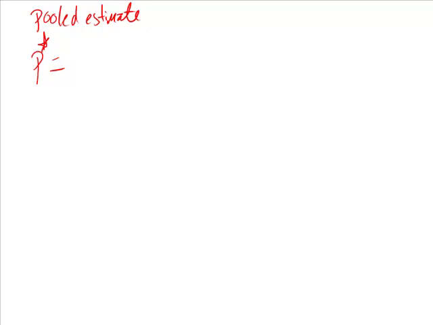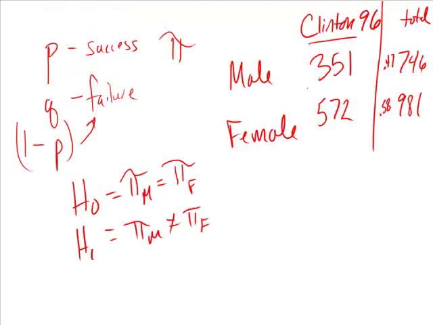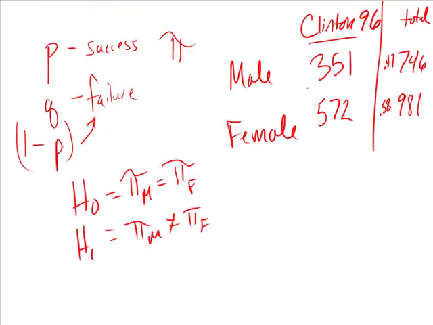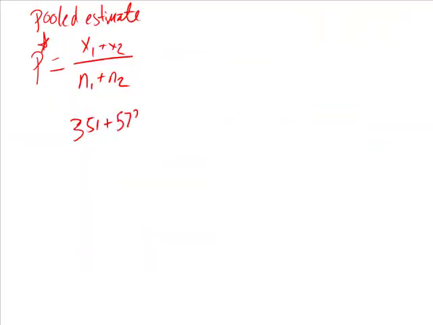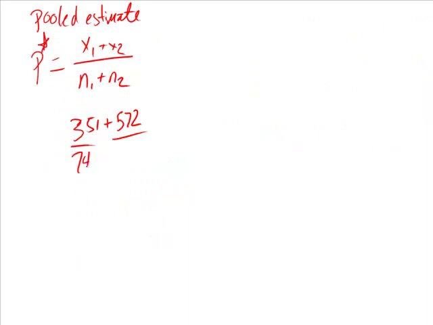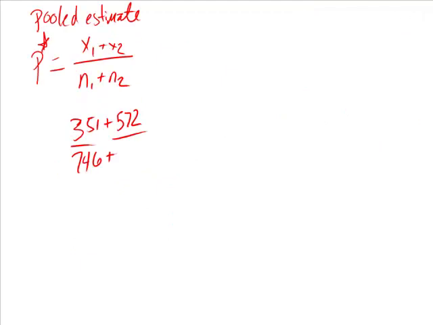Well, the pooled estimate is equal to x1 plus x2 divided by n1 plus n2, which is, there were 351 that voted for Clinton. There was 572 females that voted for Clinton. In the sample, there was 746 and 981.